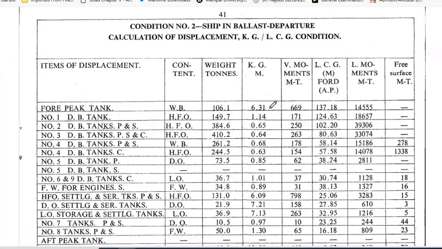If you multiply, the value may be slightly different. देखो पहला चीज करो 106 into 6.31, 669.49. Almost same. So which one you should take? The one in the table. Take the given value.